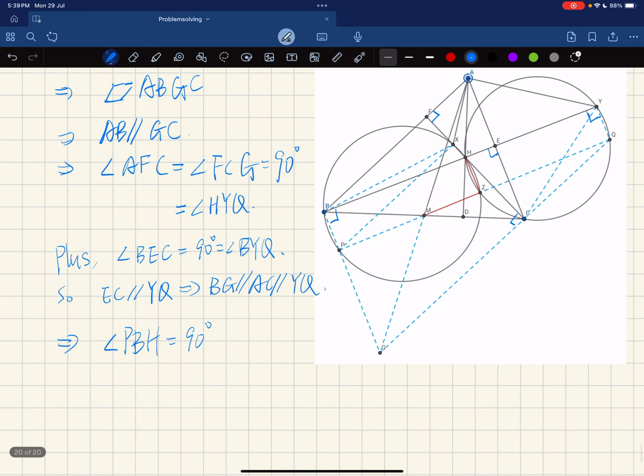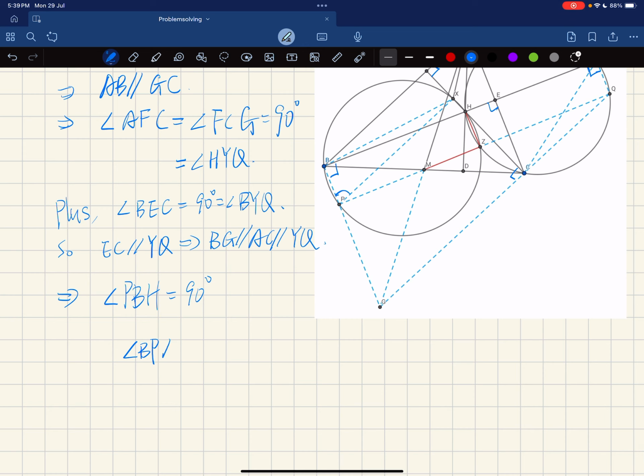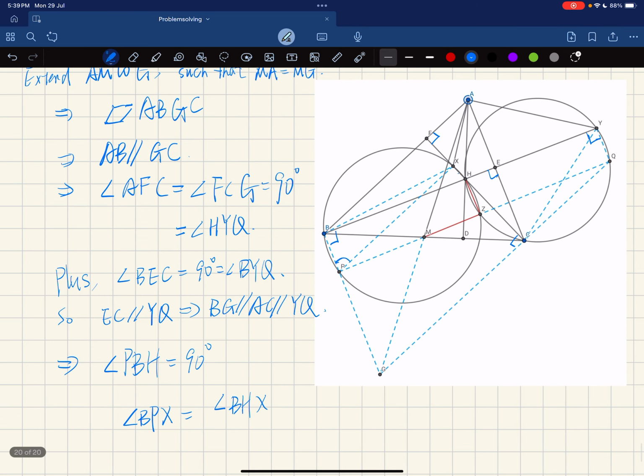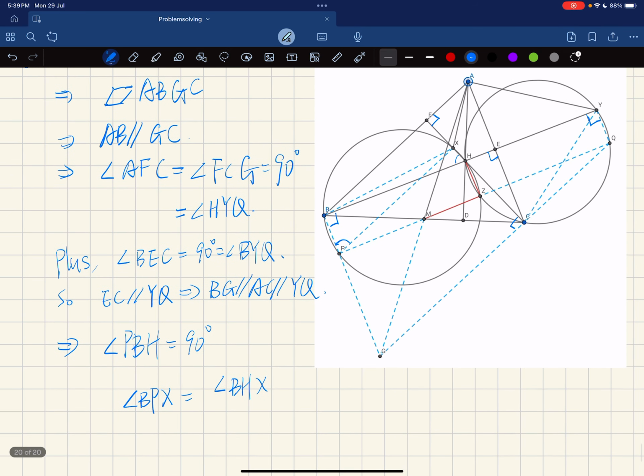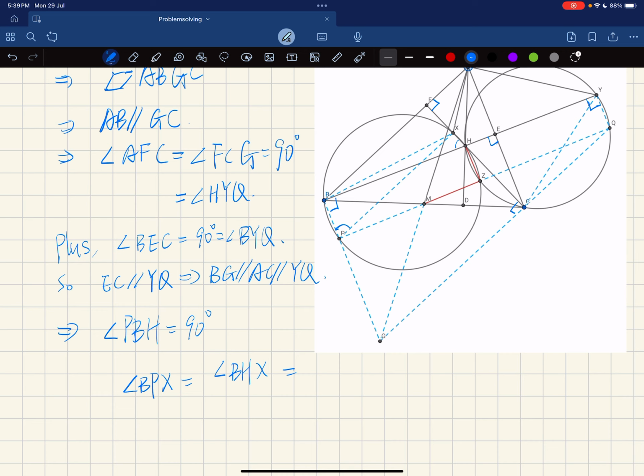which is BPX, it is here. We know that the angle BPX equals the angle BHX, right? Because they are on the same circle, and equals the angle CHE.